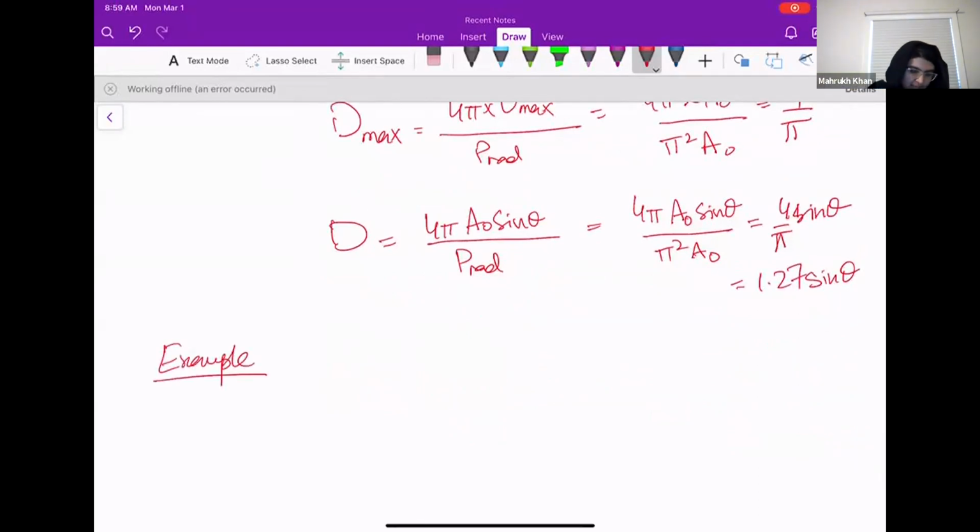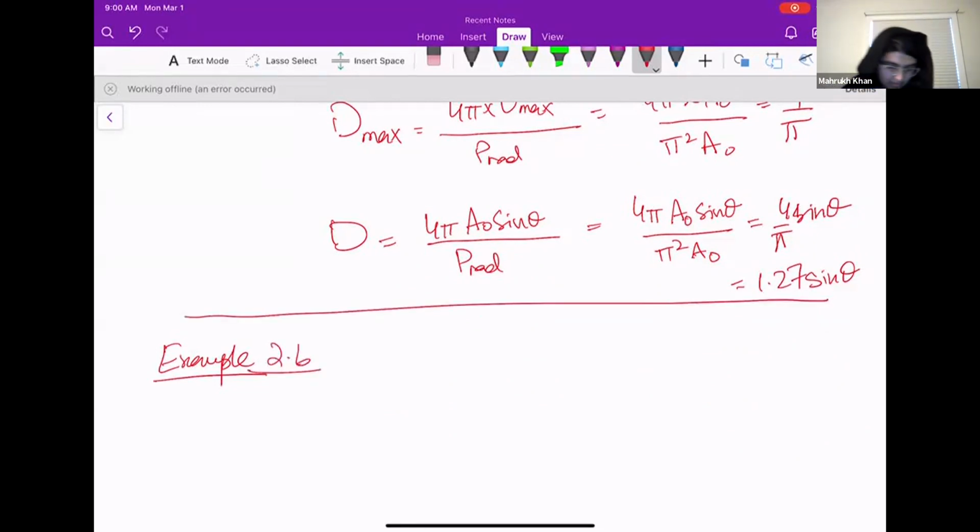So this example is pretty much solved in your book. So I want to do it because I just want to compare it. So maybe I will skip some steps, but it's already there in your book, okay? So it's example 2.6. In this example, you are given a linear dipole's average density.